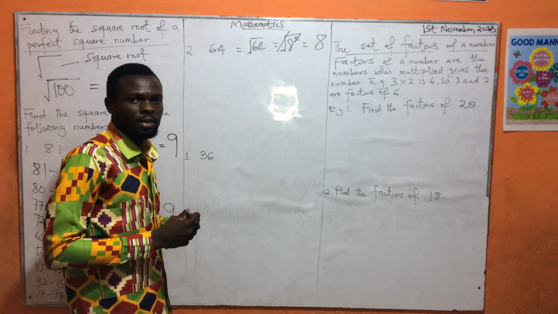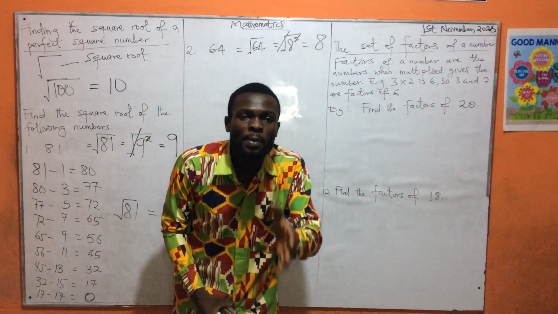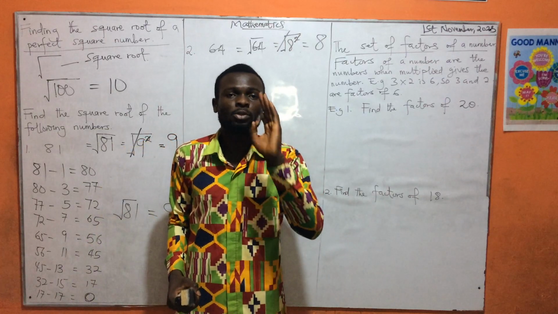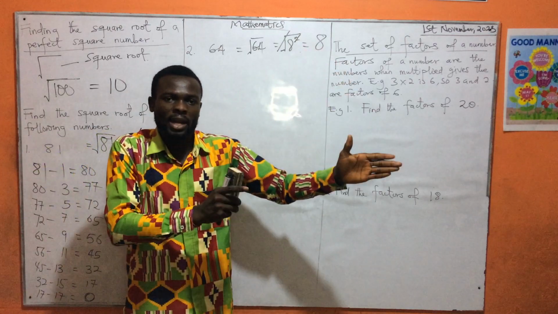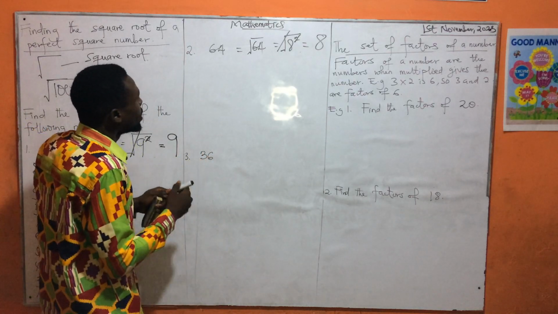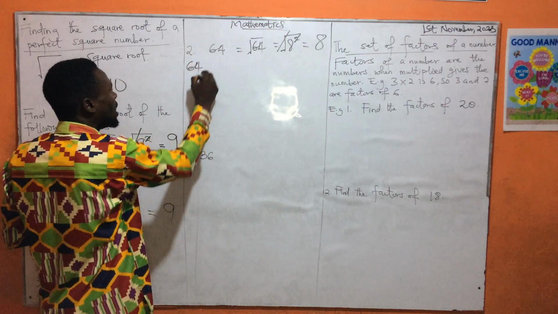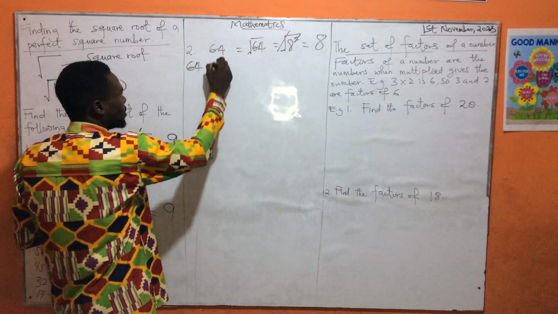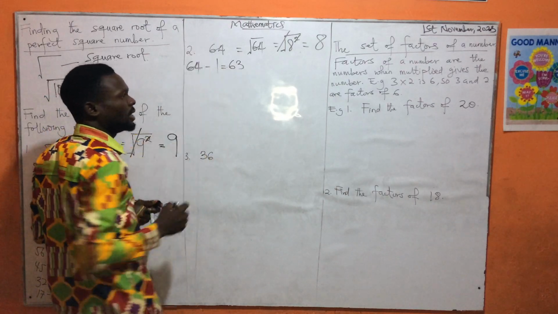Of 8. Now what if I have been asked to use the repeated subtraction method? To use it, we should know our odd numbers, starting from 1 to infinity. Good. So the number that has been given is 64. So 64, subtract the first odd number, which is 1. That gives me 63.